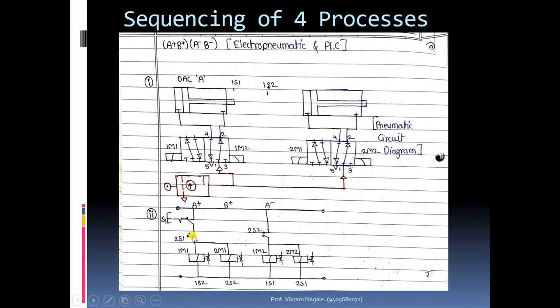So that S1 position will get pressed and it will close the circuit, and the supply will be given to 1M1 and 2M1 coil, because of which system will go for second cycle, that is extension for both cylinders.